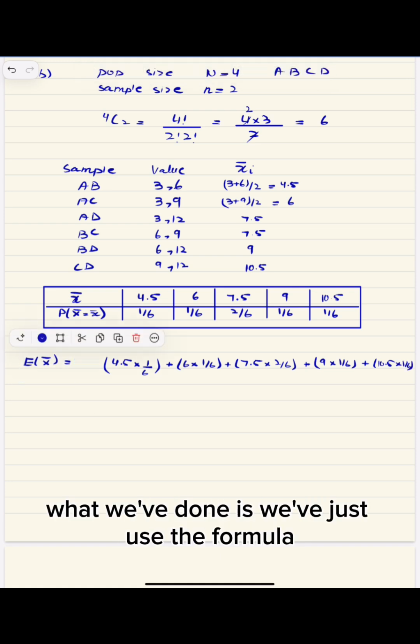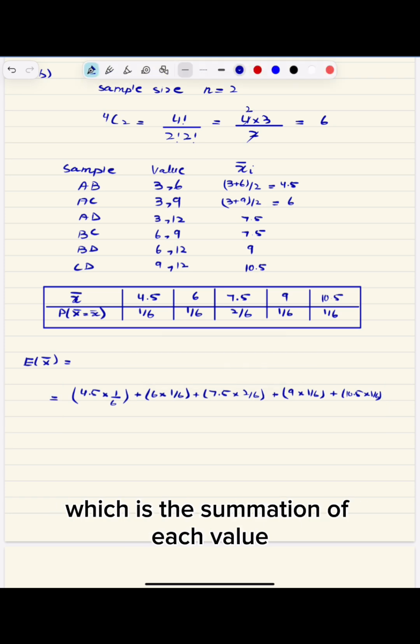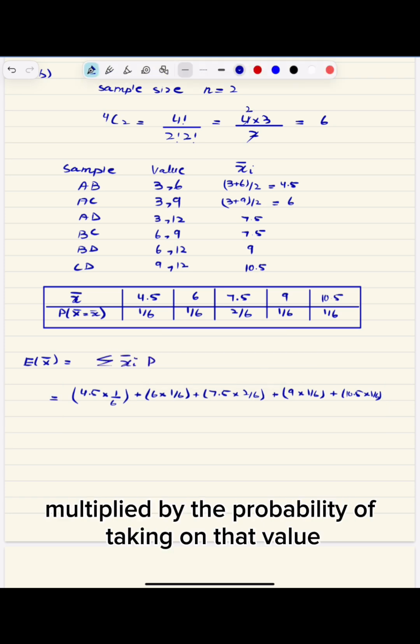Basically, what we've done is we've just used the formula, which is the summation of each value multiplied by the probability of taking on that value.